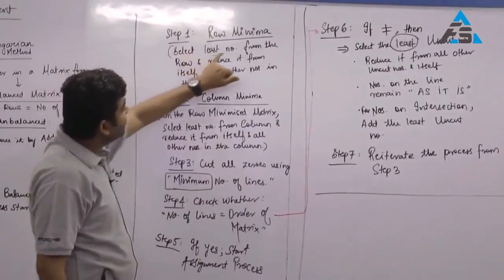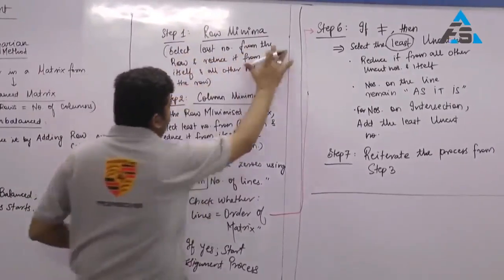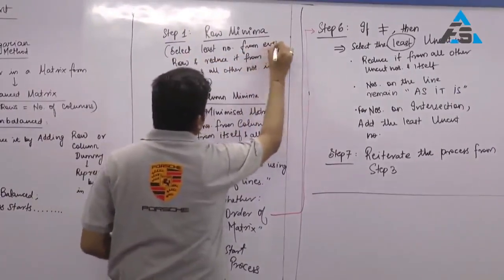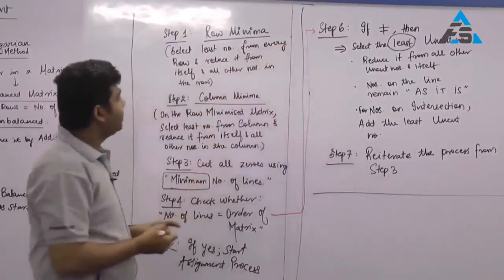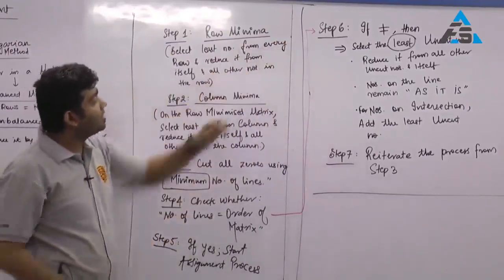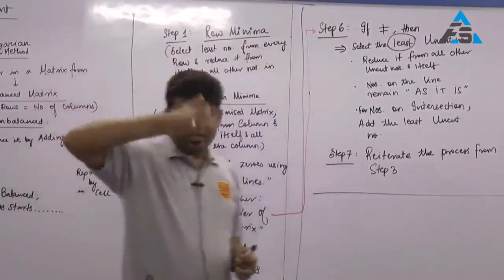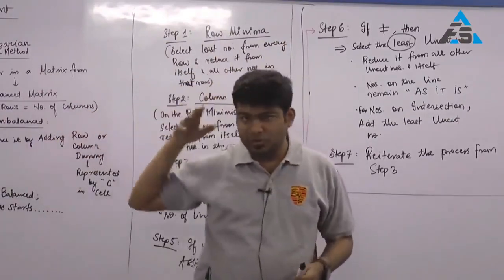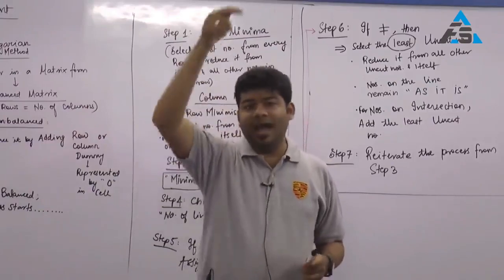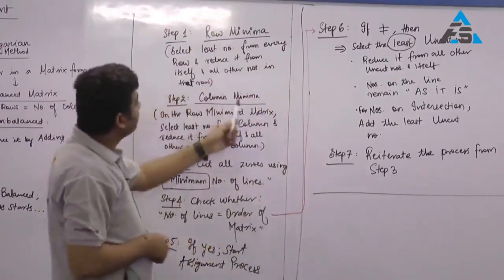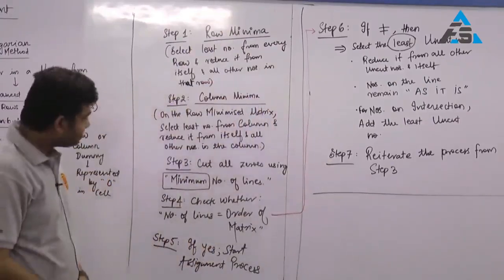So select least number from every row and reduce it from itself and all other numbers in that row. So if there are 4 rows, I will select 4 least numbers from each row, reduce itself and other numbers in that row, so that I get a 0.